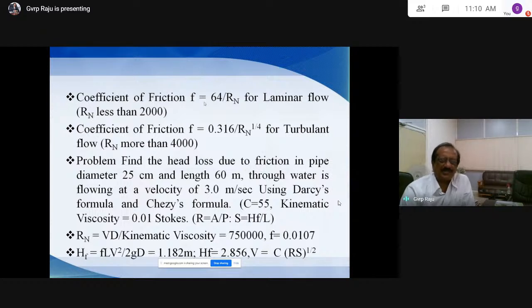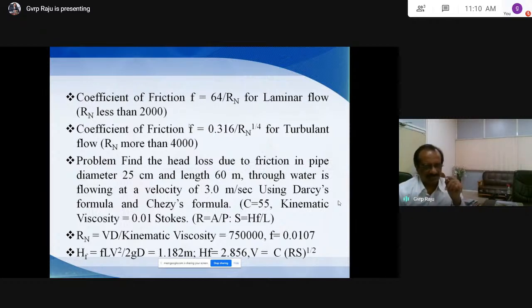In the GATE questions, we have problems on the relation between f and Rn, and you need to find out whether the flow is laminar or turbulent. So first find out the Reynolds number. Reynolds number is VD by nu. Based on the Reynolds number, you can decide whether the flow is laminar or turbulent, and use the appropriate equation. If it is a turbulent flow, you use this equation, 0.316 by Rn to the power of 1 by 4, and find out f.